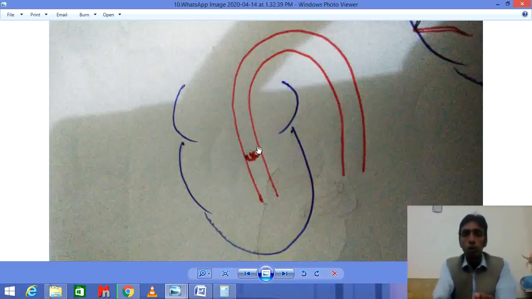So before the opening of the aortic valve, the pressure of blood which is needed to expel the blood from the left ventricle to the aorta is called afterload.